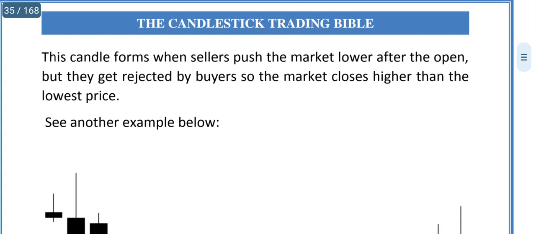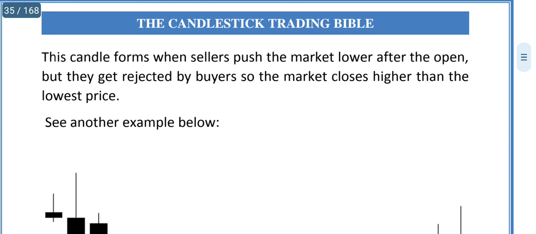This candle forms when sellers push the market lower after the open, but they are rejected by buyers, so the market closes higher than the lowest price.